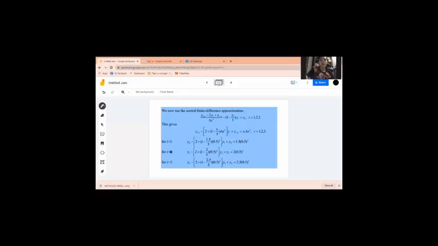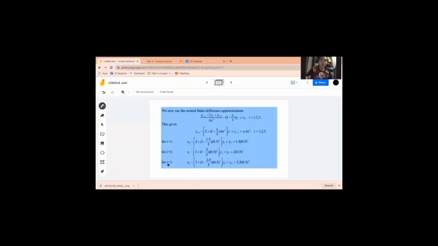For i equals 2, y sub 1 minus 2 plus (1 minus 2 over 5) times 0.5 squared y sub 2 plus y sub 3 equals 2 times 0.5 squared.